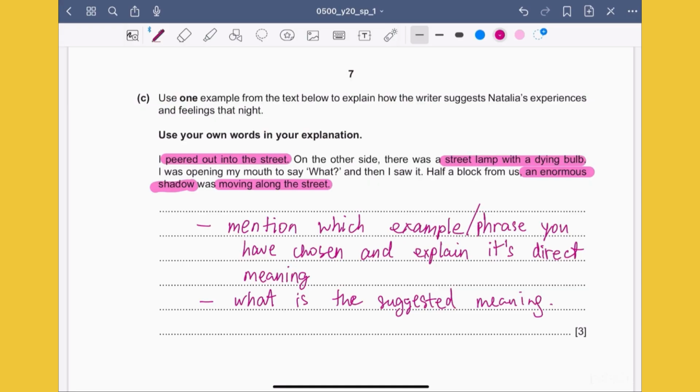And that should give you 3 marks as long as you explain it in your own words. Again, this is a question that wants to test your vocabulary and your language, so you need to be able to use your own words. Do not explain the phrase with the word that's in the phrase.